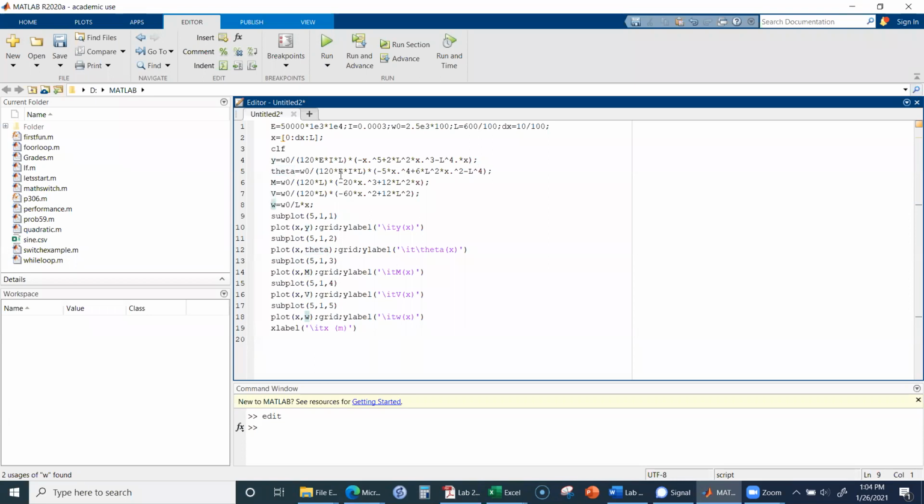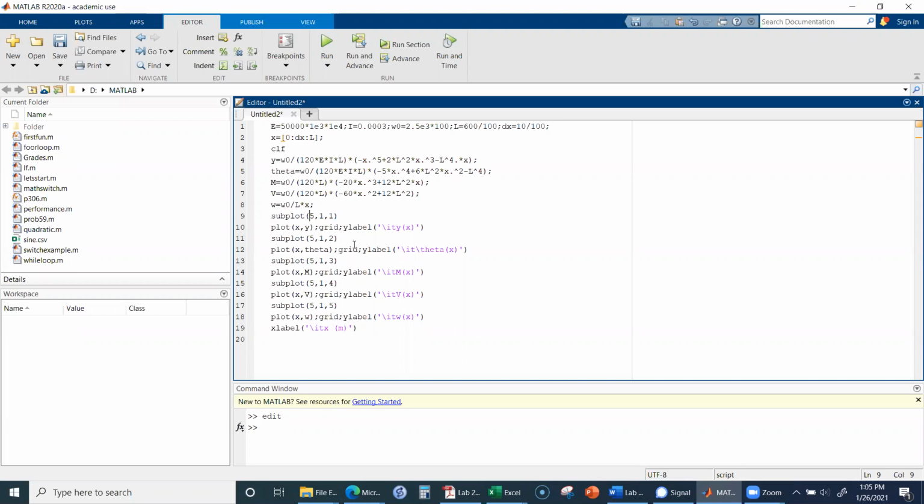Okay. So here you will be seeing that we'll be using a term subplot. Okay, a subplot is basically the part of the plot. So that means the subplot command divides the plot command into various portions. So here the subplot is 5, 1, and 1. What is the meaning of these numbers?